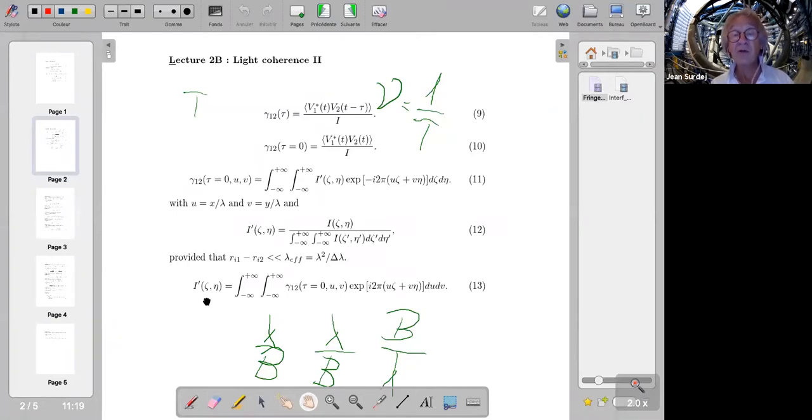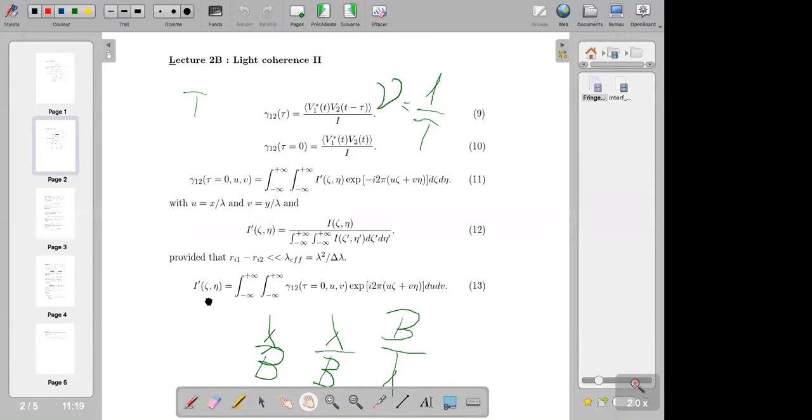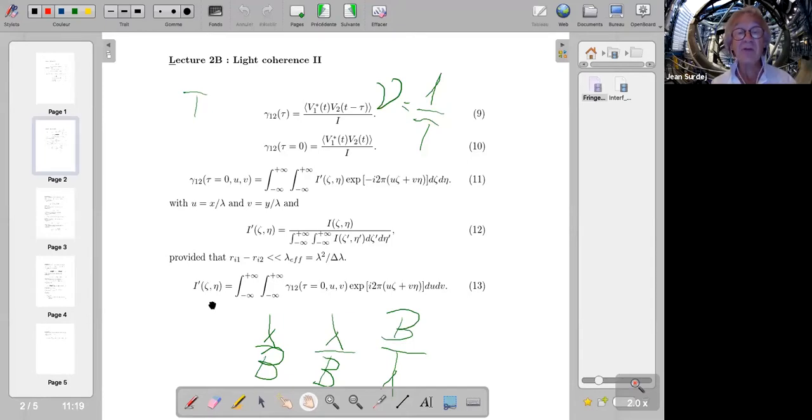Now, let's assume, and this will be shown in the exercise, that you don't have many baseline measurements, because maybe you have just two apertures and a fixed baseline. Well, would you still be able to do some science with it? Yes, if you have some a priori knowledge of the model which represents your source.